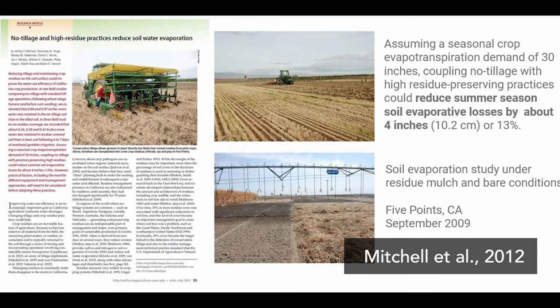In Five Points, we also found significant increases in soil water content in winter cover crop fields relative to clean cultivated soils. The cover crops were terminated in March of each year, then mowed, and the residues were converted to soil surface mulches that contributed to reducing soil evaporation, compaction, and sealing.